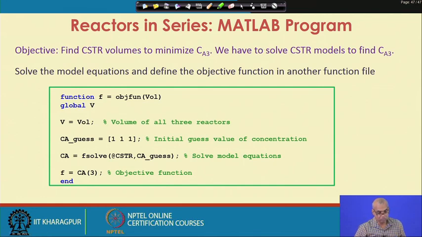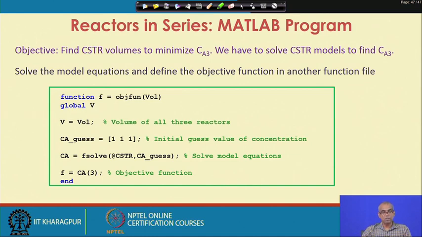Now, our objective is to find the CSTR volumes that will minimize the concentration of A in the exit stream of CSTR 3, that is CA3. So, we have to solve these CSTR model equations to find the concentrations CA1, CA2 and CA3. So, my unknowns are V1, V2, V3, CA1, CA2, CA3.